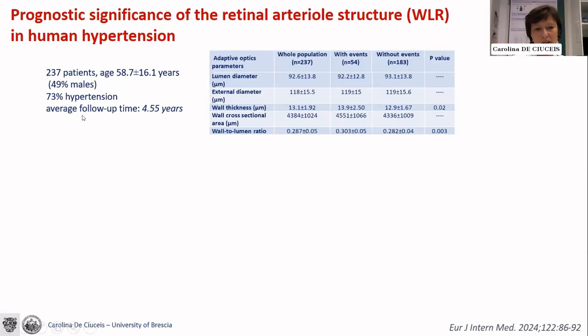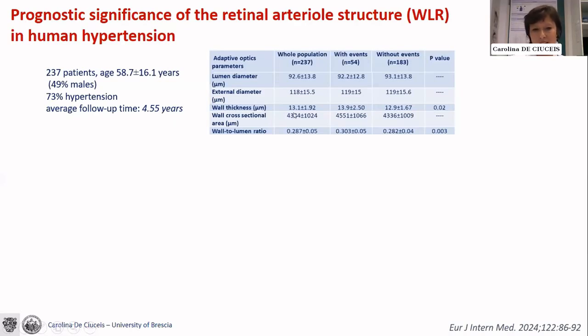For this purpose, we re-evaluated almost 250 patients previously submitted to adaptive optics after a follow-up time of 4 years and a half in order to assess the occurrence of cardiovascular and non-cardiovascular events.